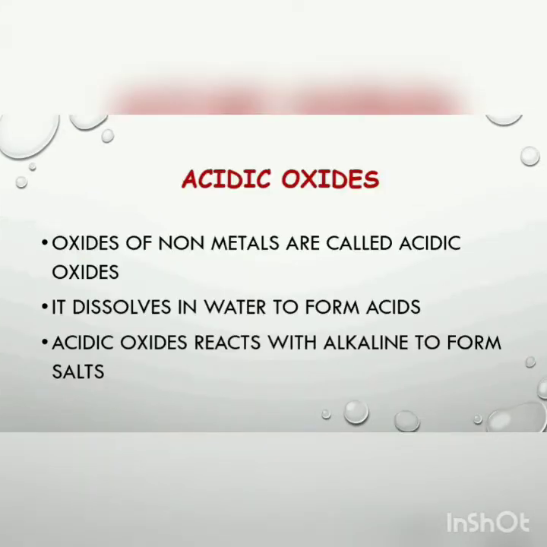Right. So the first one is acidic oxides. What are acidic oxides? Acidic oxides are oxides of non-metals. Non-metals, for example, sulfur, nitrogen, chlorine, can form oxides with oxygen of acidic nature.